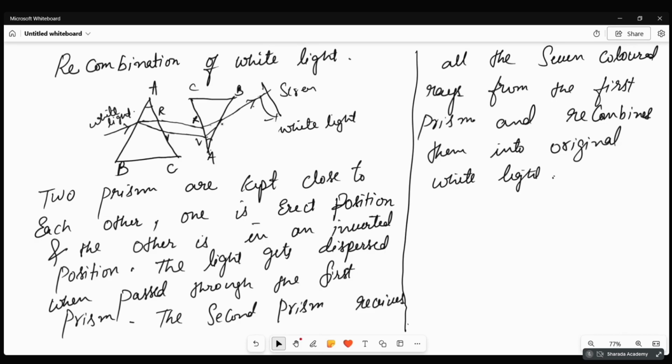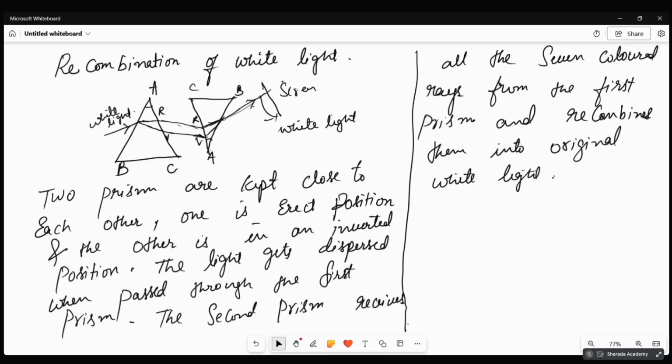Good, very good. See here, red light deviates least, violet light deviates most. Now in the second prism, red light again will deviate less, the angle here will be less. Here the violet will deviate the most, so bending here will be more. So all together it will combine, the total angle will become 0. Then it will combine and go out as white light.